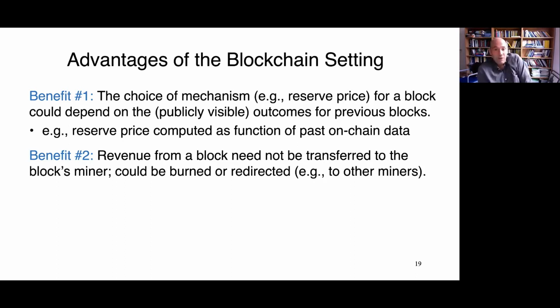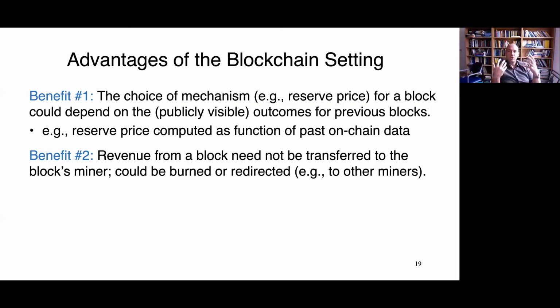That is not the only way you could direct the money, right? So if you wanted, you could hard code in the protocol that the bid attached to a transaction, for example, gets burned. It just gets taken out of circulation, or gets sent to people other than the current miner, right? Maybe it's a foundation, maybe it's miners of other blocks, who knows? Okay? But the point is, because the miner can't affect the code of the protocol, it can only affect the payments to it through its choices about the allocation.